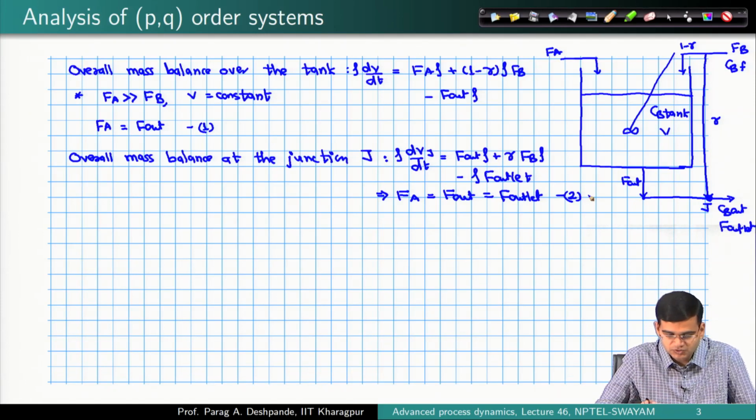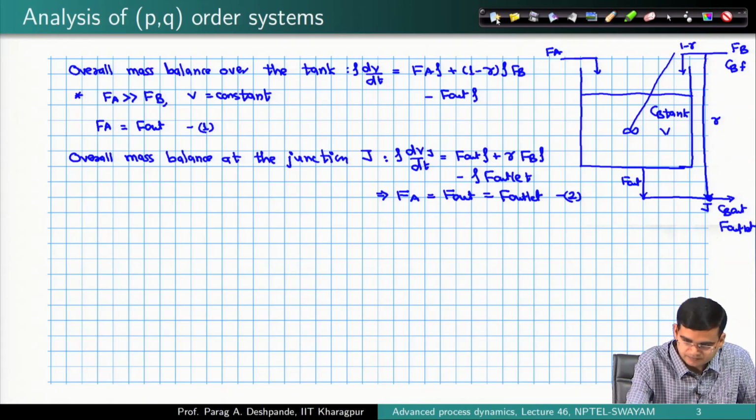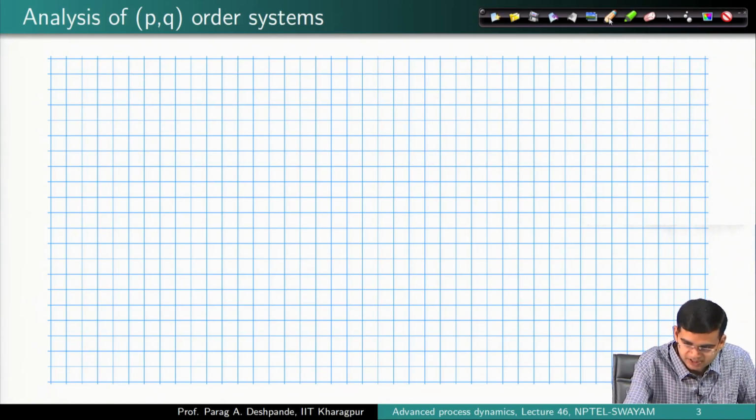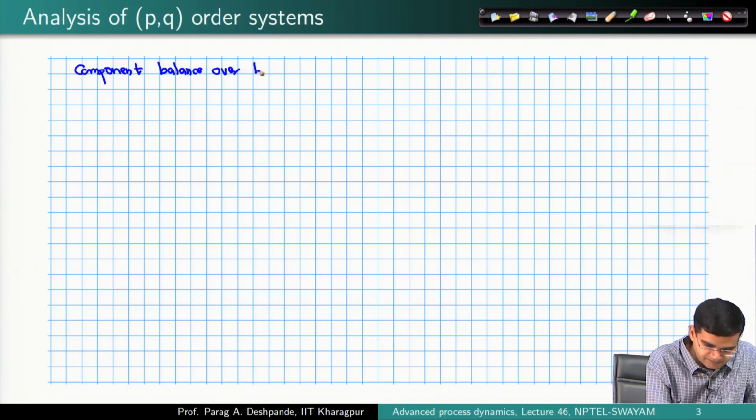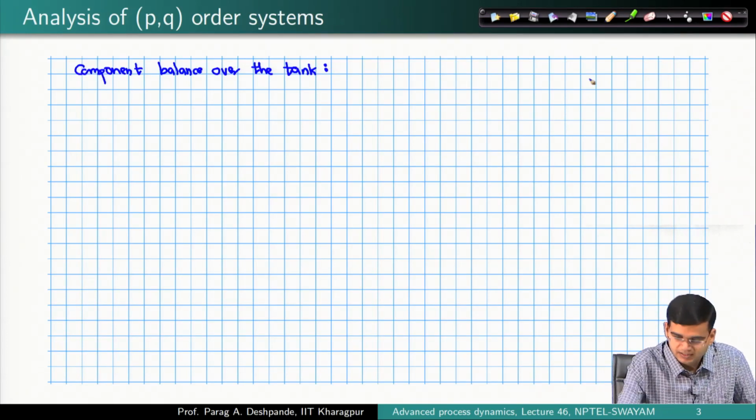Okay. So, this is my equation 2, and these two equations have come from overall mass balance. Now, I can do a similar component balance. So, let me write the component balance over the tank. Okay.